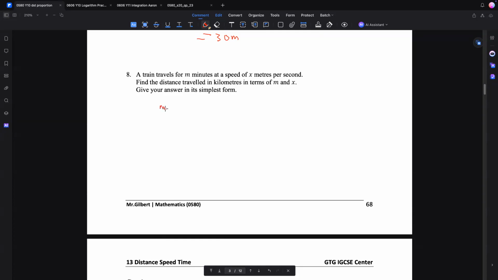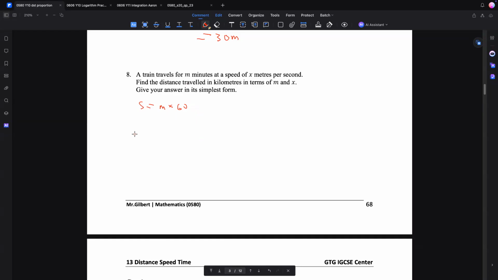So m must be times with 60. 1 minute is how many seconds? 60 seconds. So you convert it into seconds. So this one right here is your time in seconds.